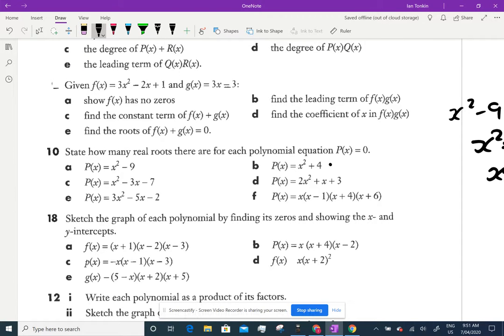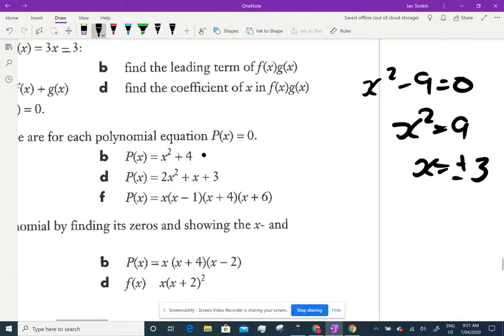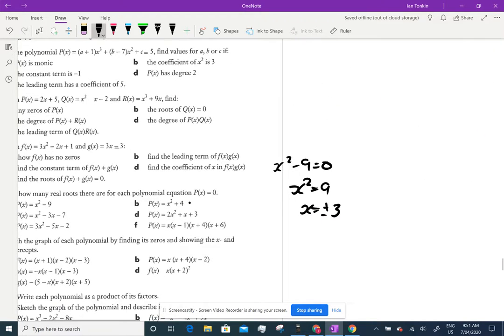This one won't have any. How do you know? Because I know that that's x squared plus 4, and it looks like that, going through 4 up there. So that doesn't have any real roots. Now you can say, I worked that out graphically, or I could work out the discriminant.